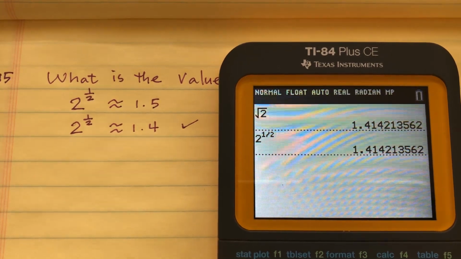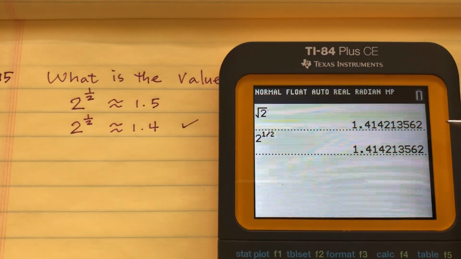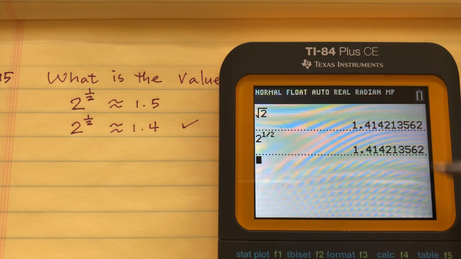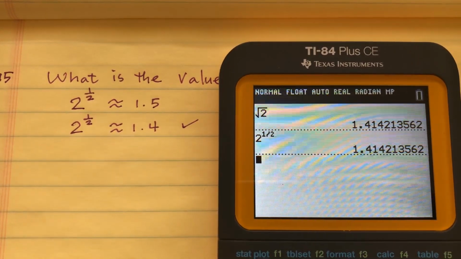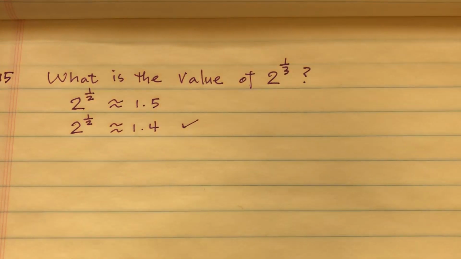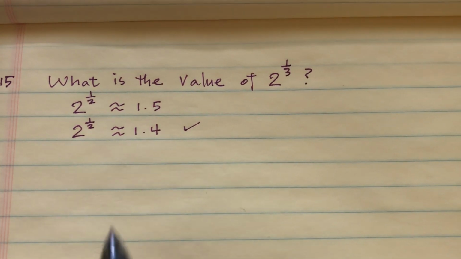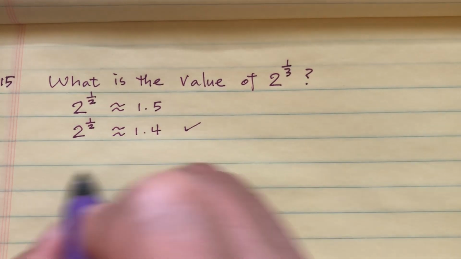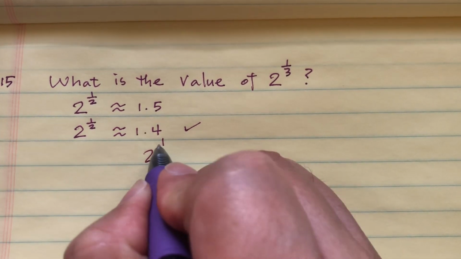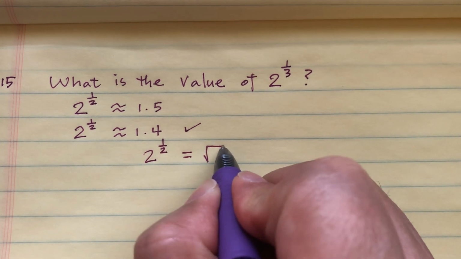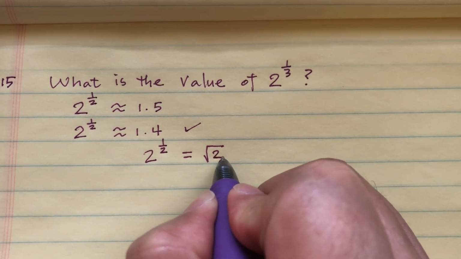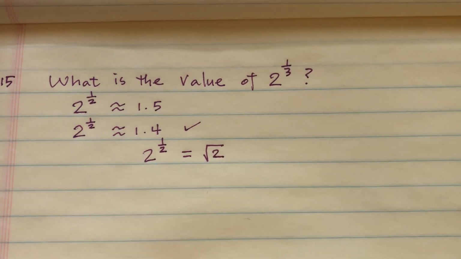If I enter, you can see from the screen that it's exactly the same value. So this tells us that 2 to the 1/2 power is equal to the square root of 2. That's what we saw in the calculator just now.